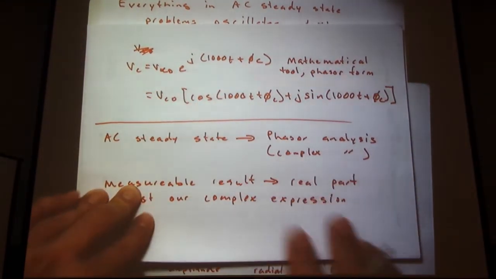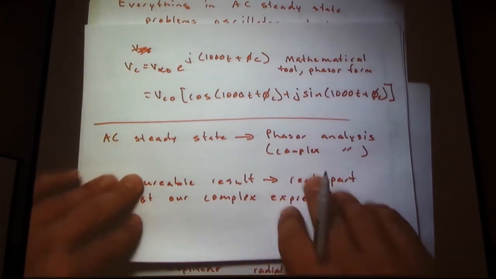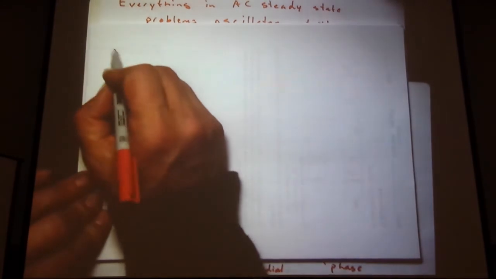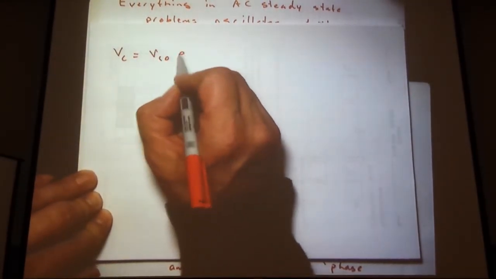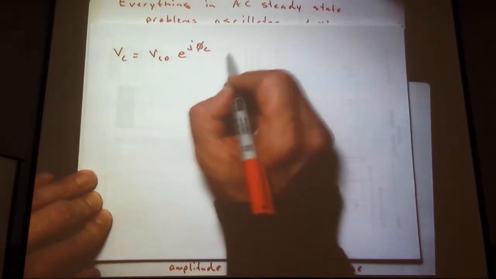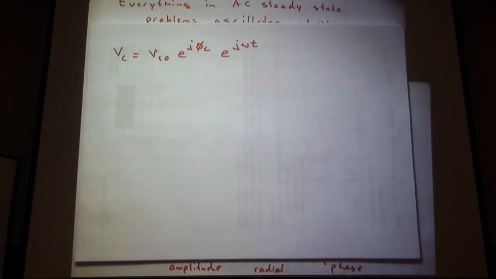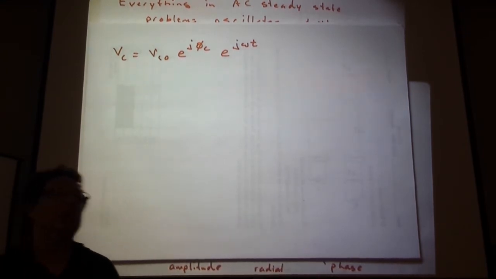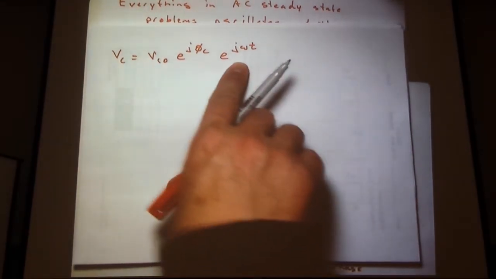So what are we looking at here? Well, we have this complex expression. And to write this one more time, we have VC equals VC naught, and I'm going to rewrite it slightly differently, e to the j omega t. Well, it was 1,000t, but in this case I left it as omega. That's the same thing. I just reversed the exponential arguments. Remember, for everything we look at, this term is the same.